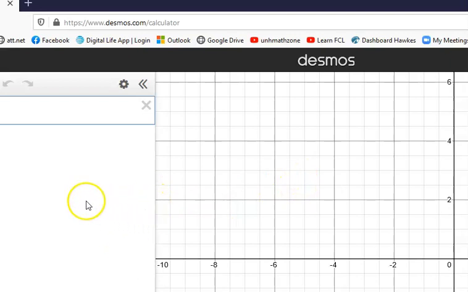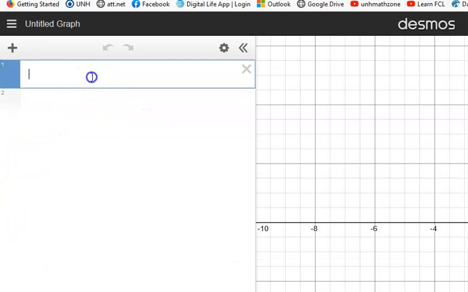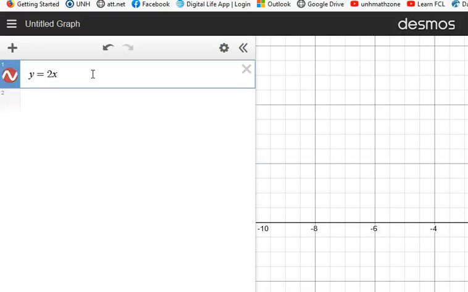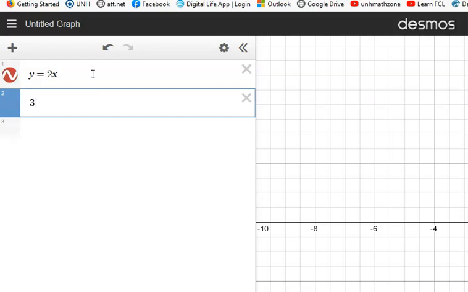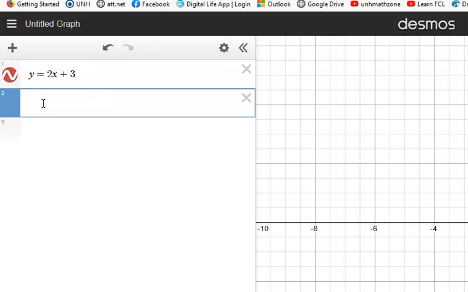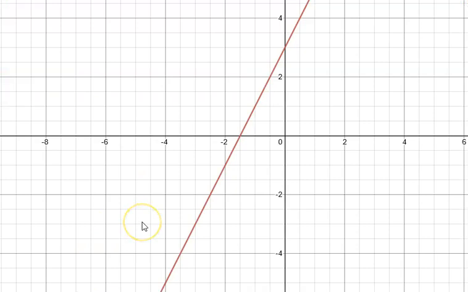But if you go over to this part here and you type in an equation like we had, y equals 2x plus 3. Oh, went on the wrong line there. Let's see. Plus 3. I don't want anything over there. And then if I go, once again, you don't see the full screen.